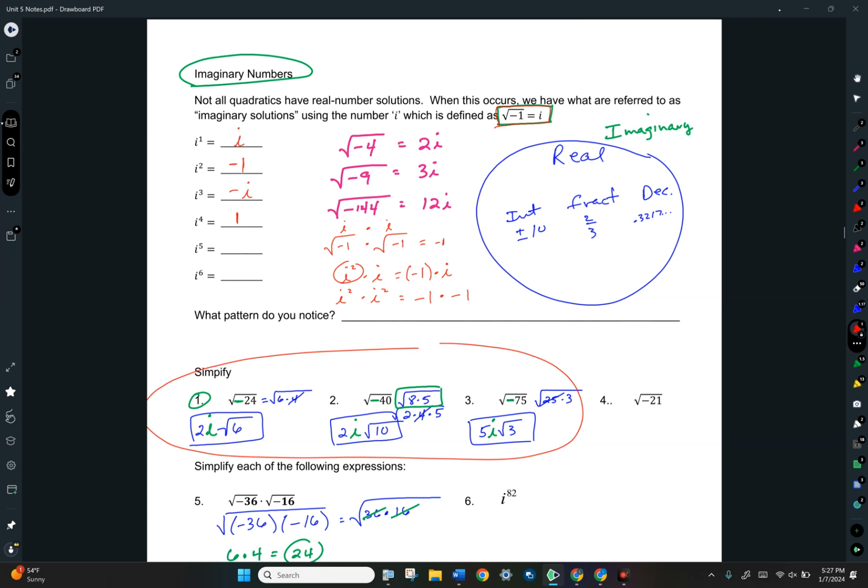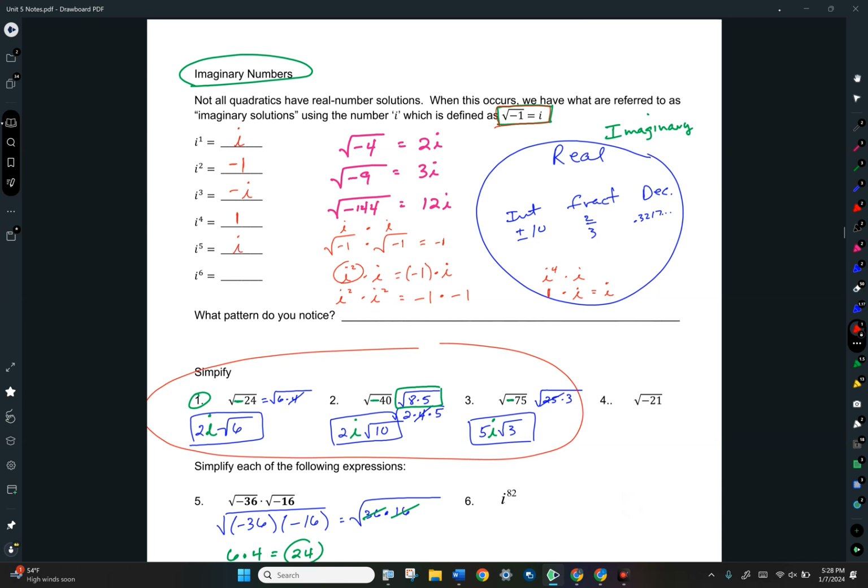Well, what about i to the 5th? Well, if I have i to the 5th, that's the same as saying i to the 4th times i. And remember, i to the 4th is just 1. So 1 times i is just i.